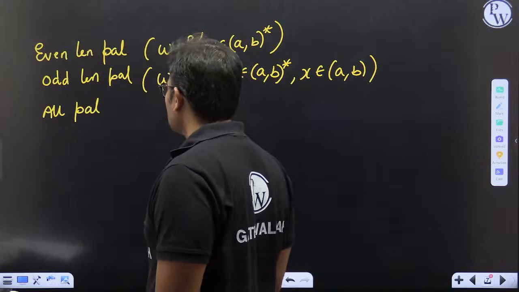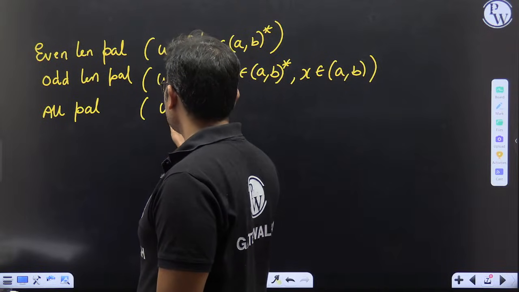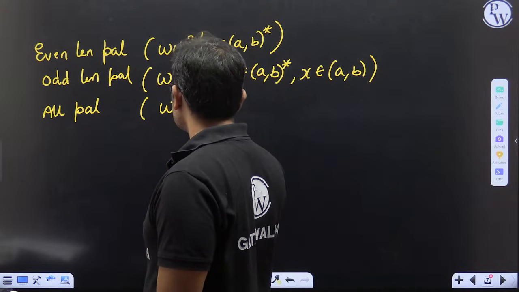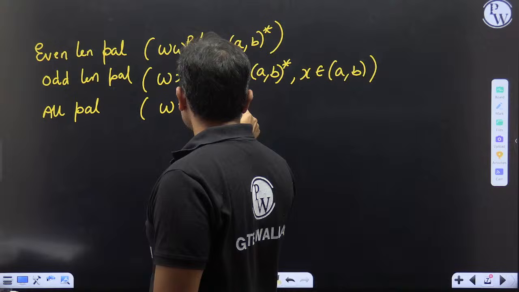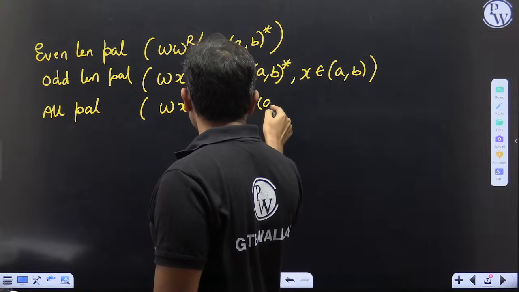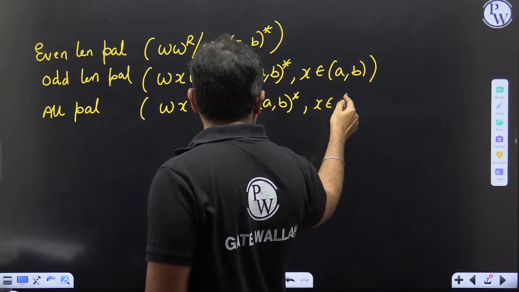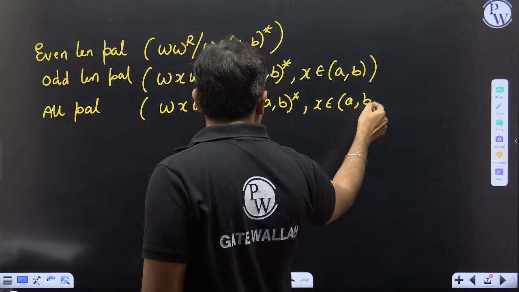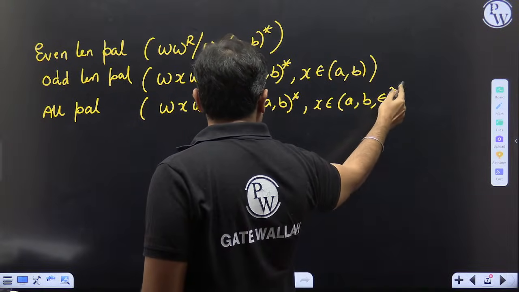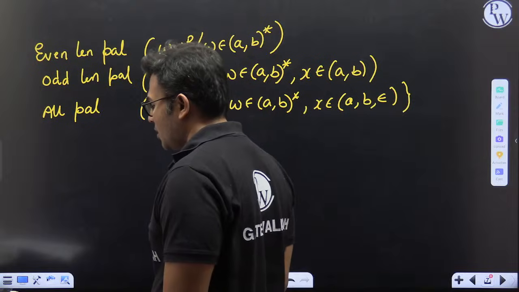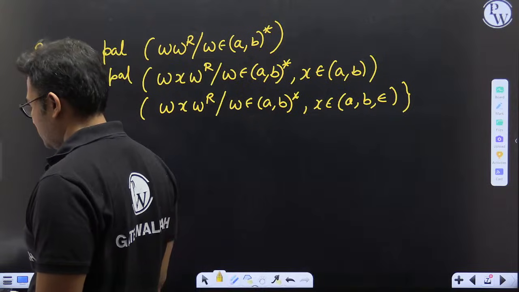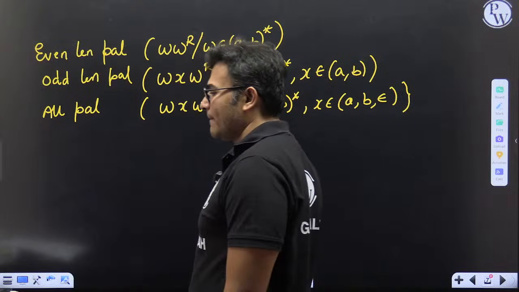Very good, Roshan. So all palindromes you can write like this: w x w power r, such that w belongs to {a, b} star and x belongs to {a, b, epsilon}. Right?